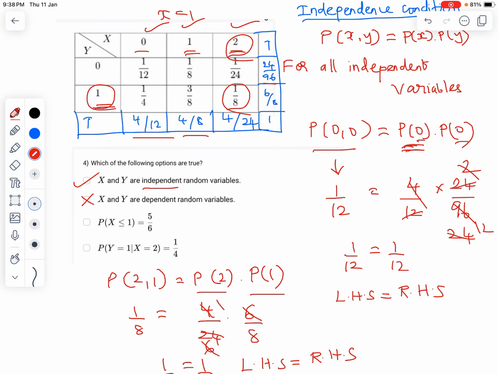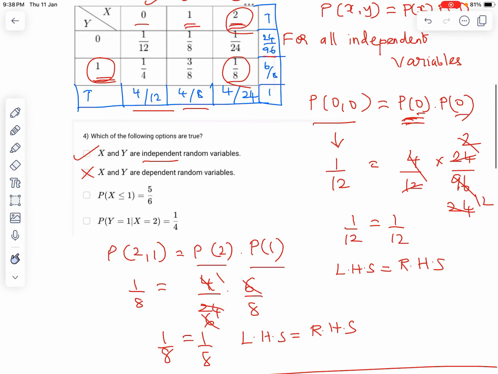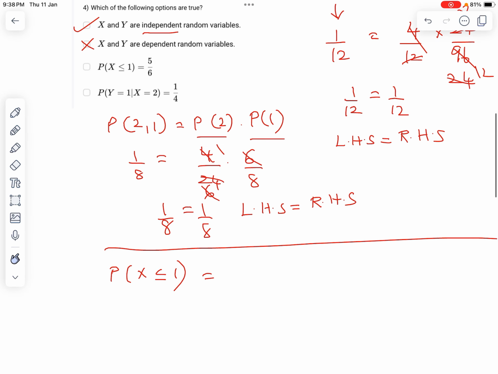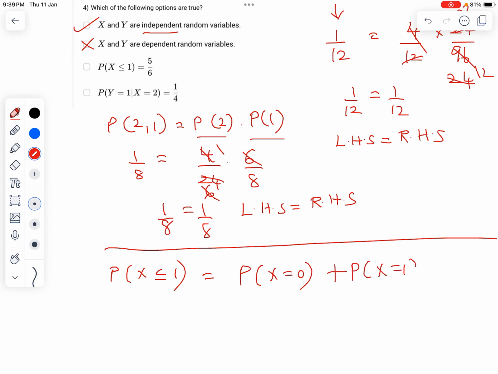Now let us add these values. P of x equal to 0 plus P of x equal to 1. Since this is less than or equal to, less than 1 means the value is 0, and equal to 1 is the value x equal to 1.